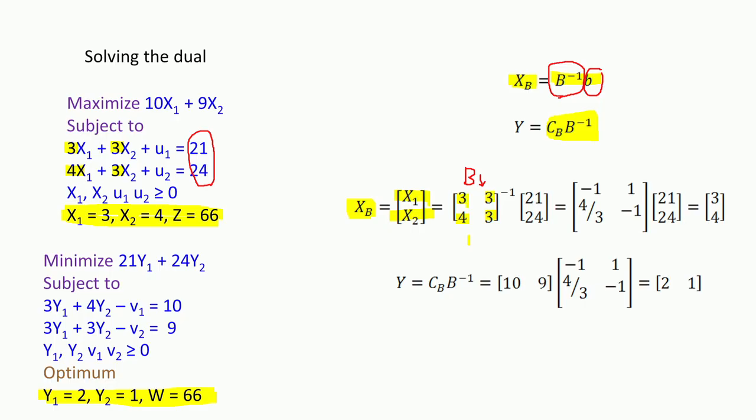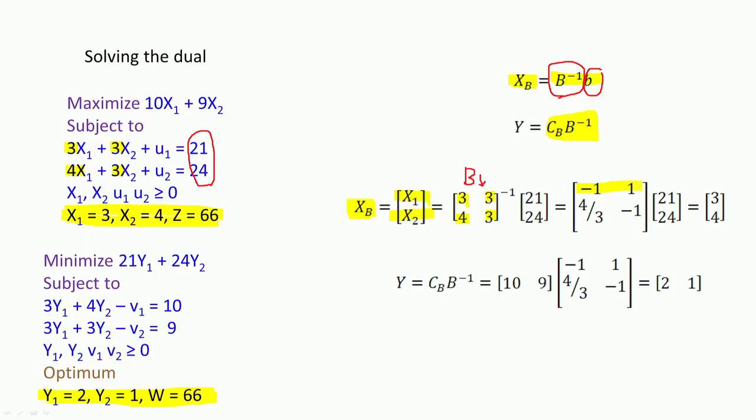The first method that you would have learned to invert a matrix is to find the determinant, the cofactor and the adjoint, and adjoint B by determinant B is B inverse. B inverse is the inverse matrix for a given square matrix with a non-zero determinant. So if B is the given square matrix, B inverse is another square matrix of the same size such that B times B inverse is I, and B inverse times B is also equal to I. That is the definition of B inverse.